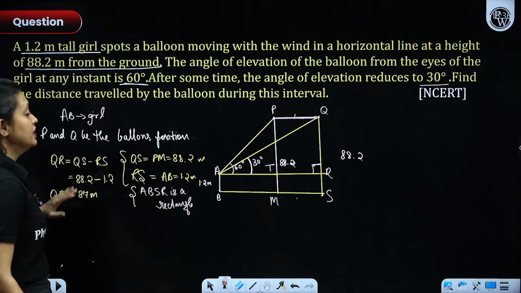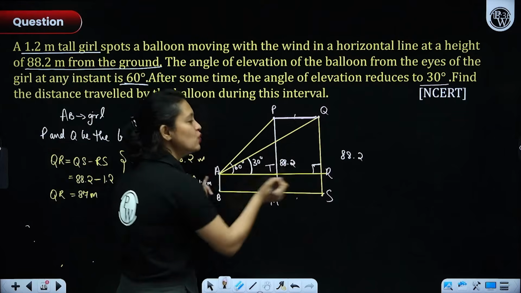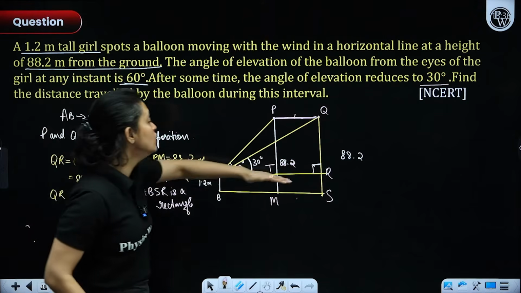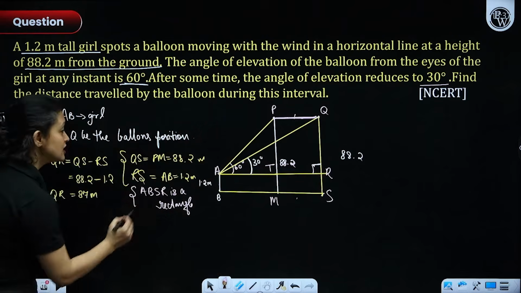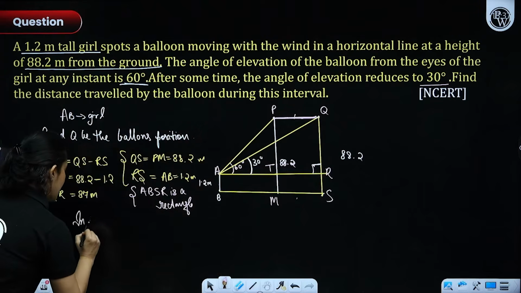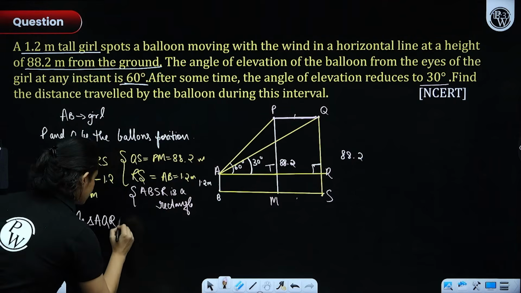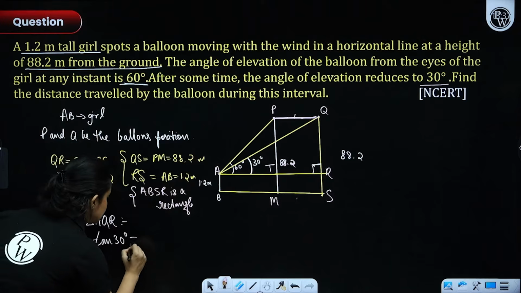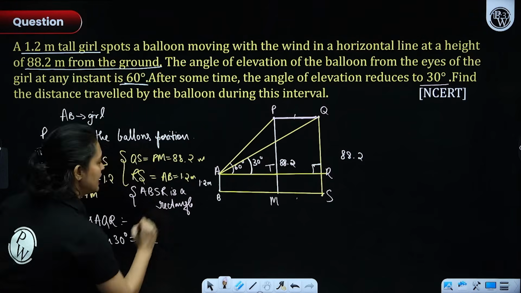Now let's see. In this triangle AQR, I know QR. So if I know QR, can I not figure out AR? I can, right? So let's do that. In triangle AQR, tan 30 degrees is equal to QR over AR, right?